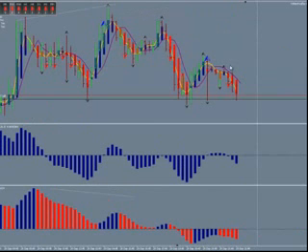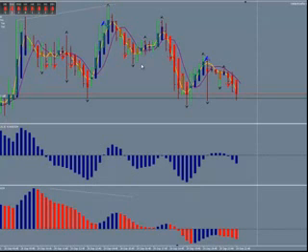Going down to the 15-minute, again you can see some great trends here, all trading in the direction of the larger time frame. All these are retracement trades. So you can see that you could be trading both directions of this market if you know what you're looking for. You can trade with the trend, against the trend, with the trend, against the trend.